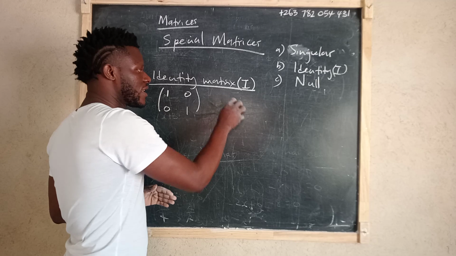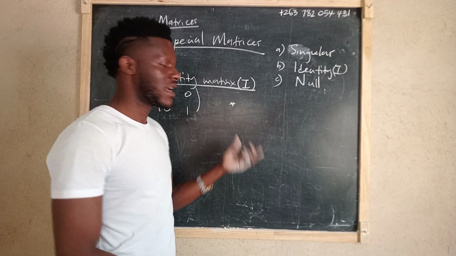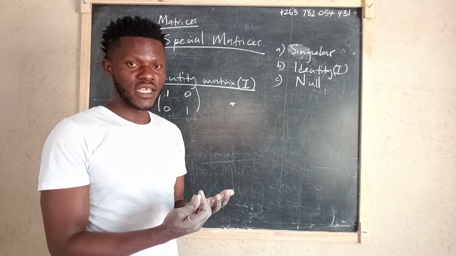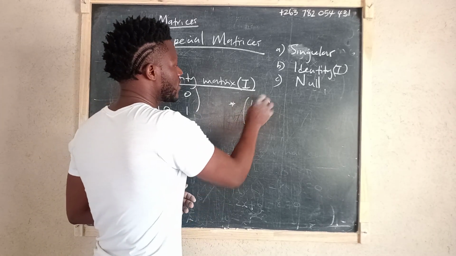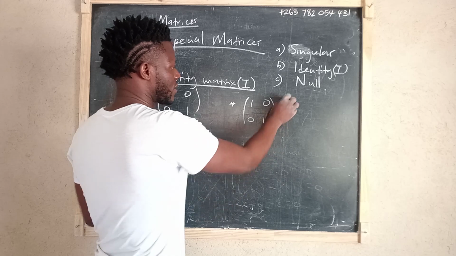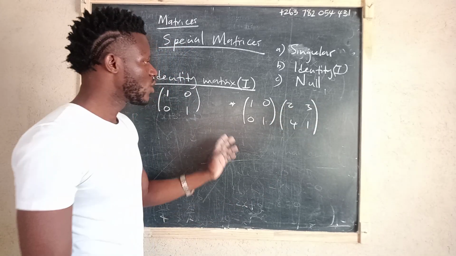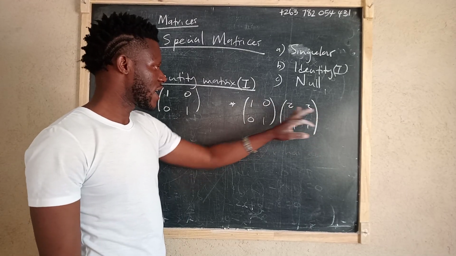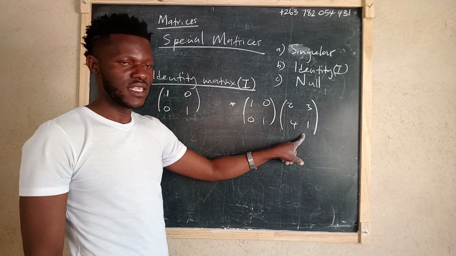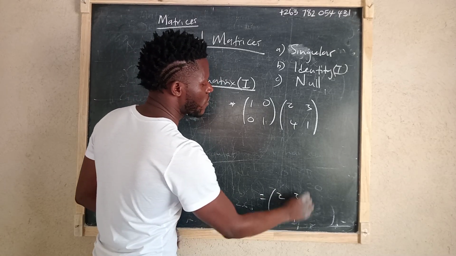So in your notes, you can add that multiplication by an identity matrix will bring no change to the other matrix. That is, if we have the identity matrix 1, 0, 0, 1 multiplied by 2, 3, 4, 1, there will be no change. This matrix is the answer. The answer will still be 2, 3, 4, 1.